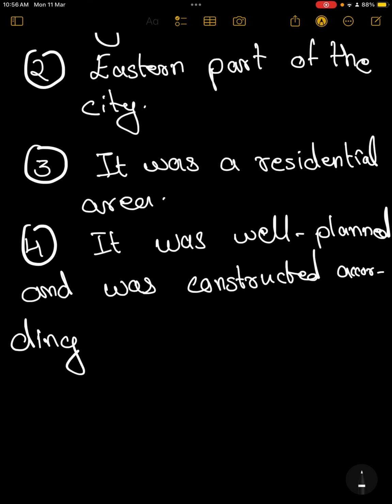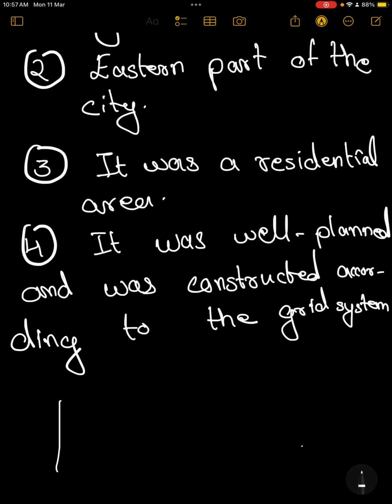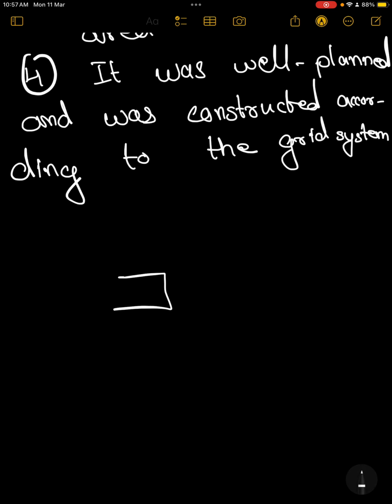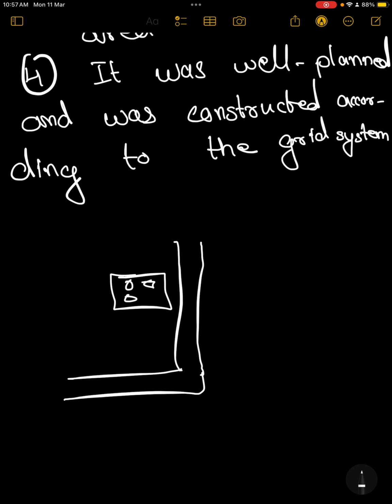According to the grid system. So you might wonder what a grid system is. You need to write it down and understand it. Imagine there are some houses here, and there are some roads here too, and these roads are cut 90 degrees apart.